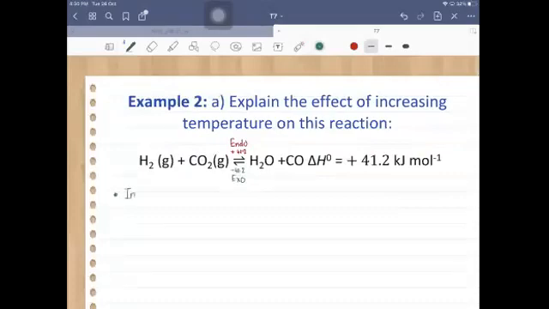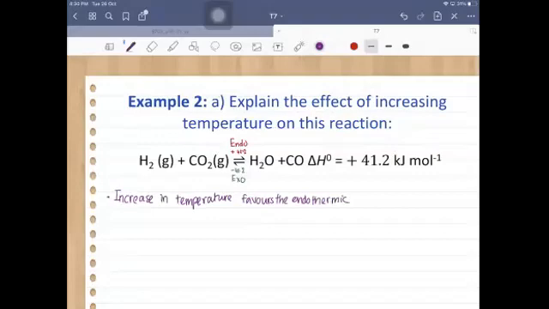Increase in temperature, well, I don't want to confuse you with the color. So we say that increase in temperature favors the endothermic reaction.